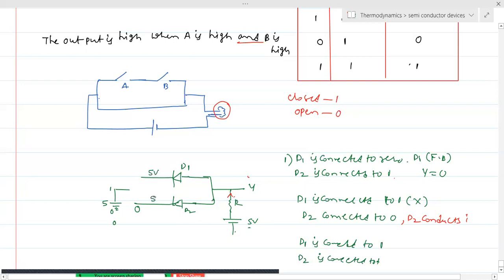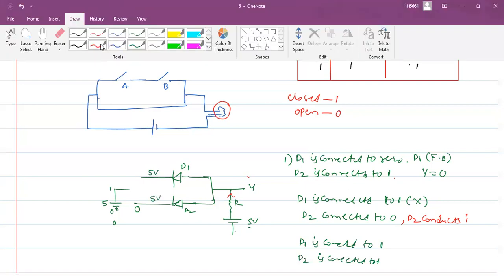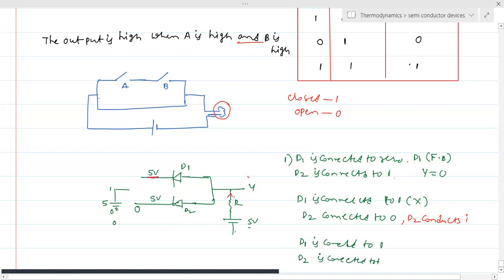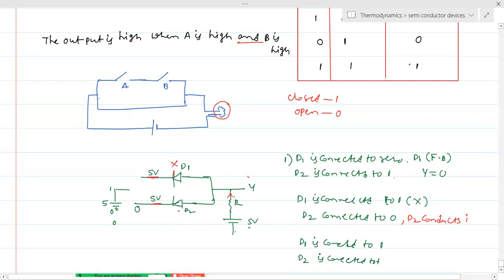When 5 volts is given to the negative plate, it does not work. When 5 volts is given to the negative plate of D2, it does not conduct current. So now the total current is passing through the output. Therefore Y should be equivalent to 1. That is the reason why the output is high when both the inputs are high. We can explain it in that way.